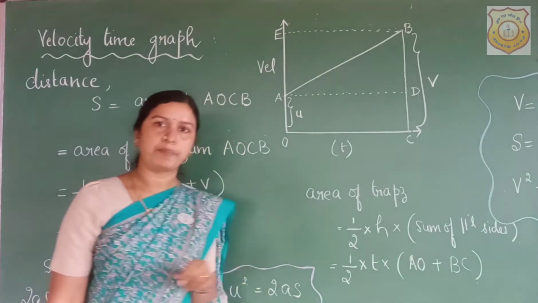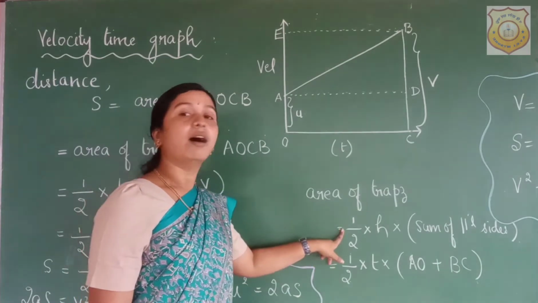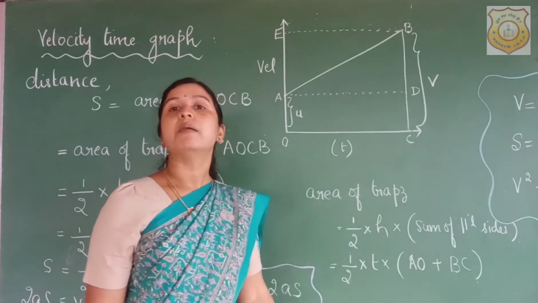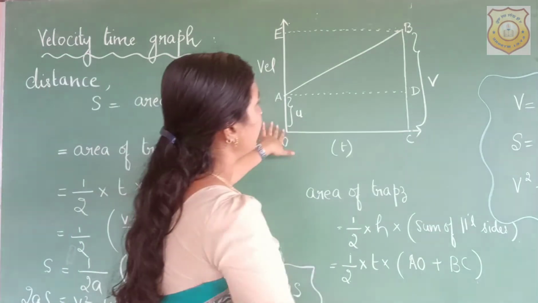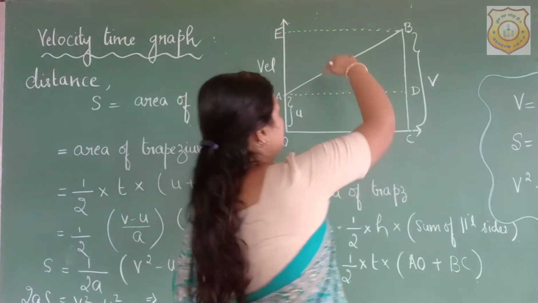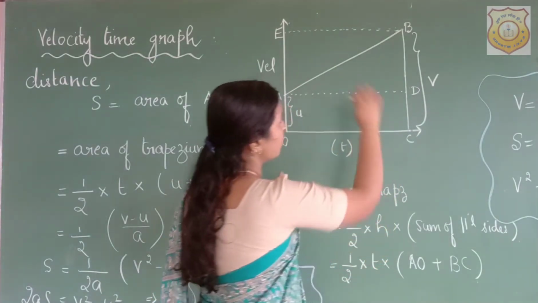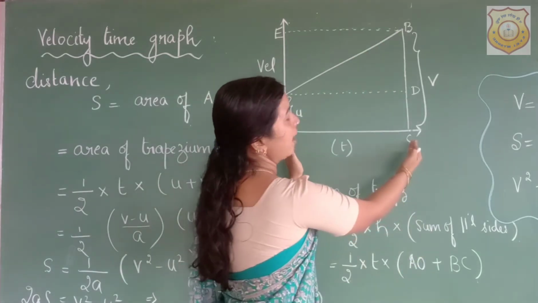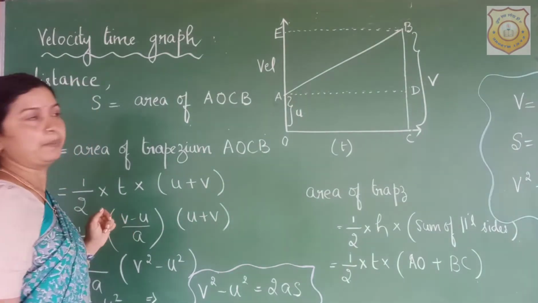So area of a trapezium can be calculated by using this formula: half into height into sum of the parallel sides. If you see this trapezium AOCB, the height of the trapezium, just try to bring it inverted, okay? This is the height, alright? The height is nothing but OC.